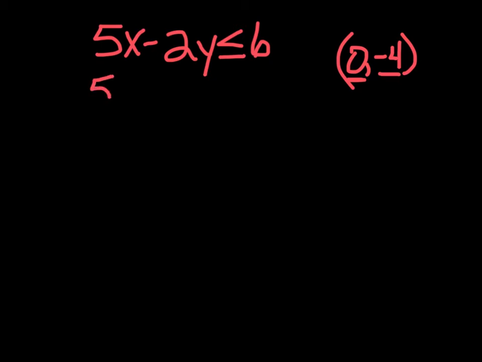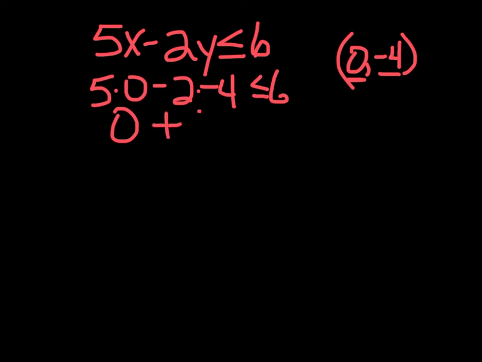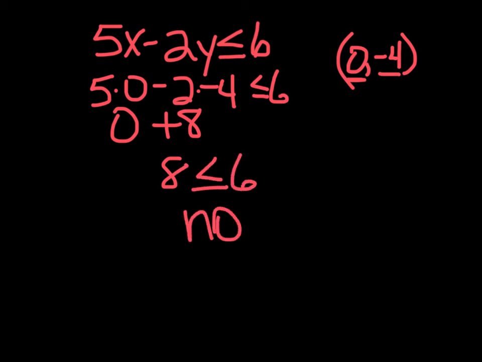So we would have 5 times 0 minus 2 times negative 4, and is that less than or equal to 6? 5 times 0 is 0. Negative 2 times negative 4 is a positive 8, so that is 8. Is that less than or equal to 6? No, it is not. Therefore, 0, negative 4 is not a solution. That does not make a true statement, therefore that point is not on there.